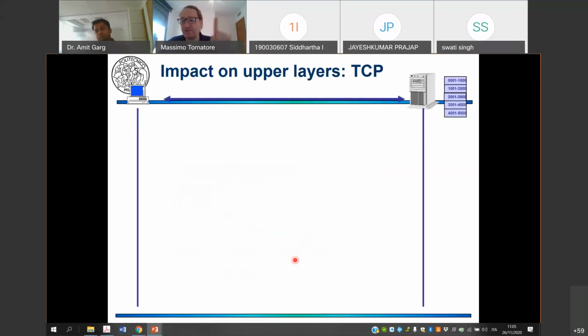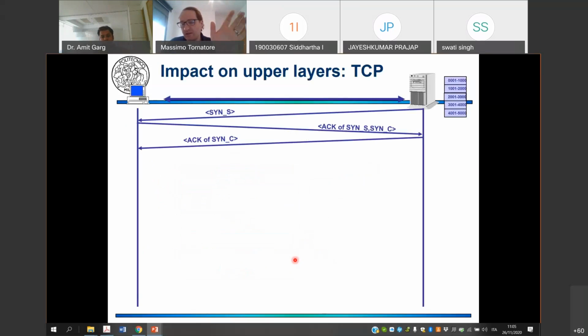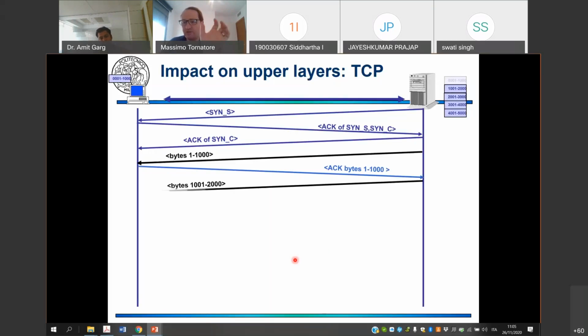In the TCP layer, it's really an end-to-end story, because you know that there is a sliding window mechanism in TCP, except for the 3-way handshake at the beginning. You send your data with a certain number associated with the bytes, and you only send the new bytes when you receive the acknowledge.